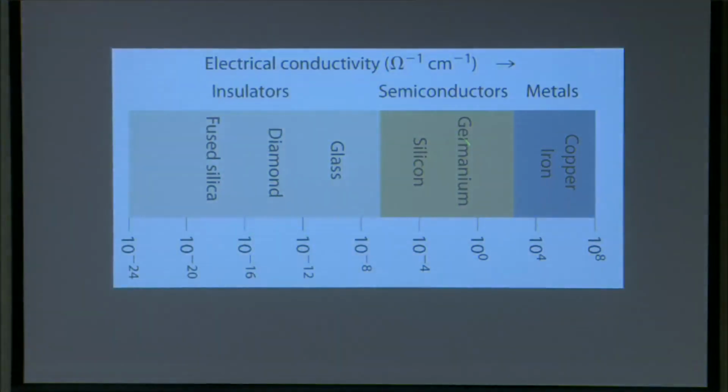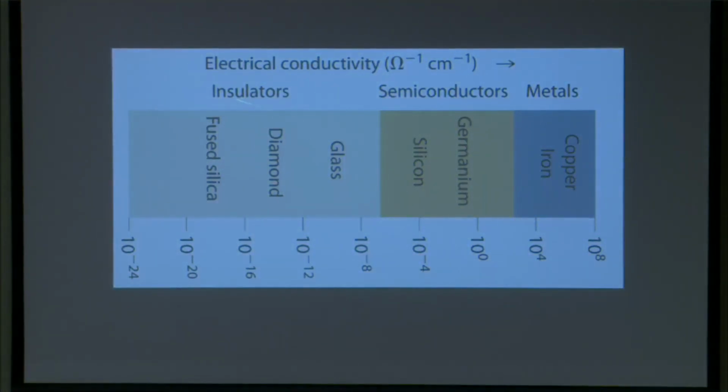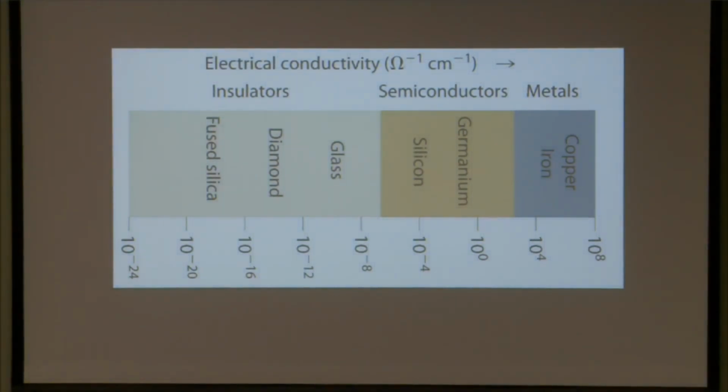There's diamond, silicon, germanium, copper. We talked about insulators, semiconductors, and I've mentioned metals, and that's what I want to focus on today.